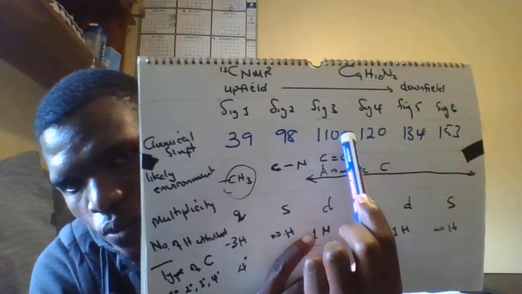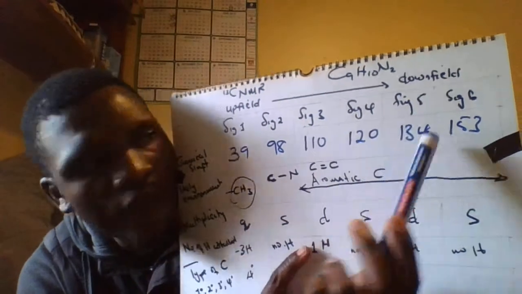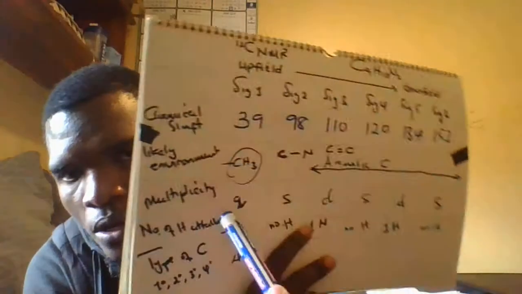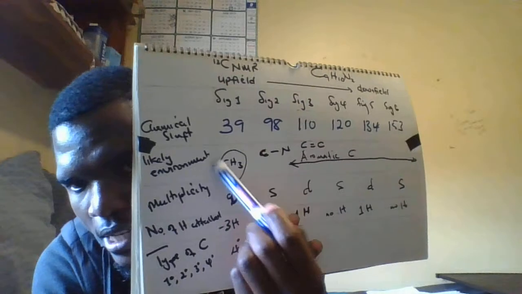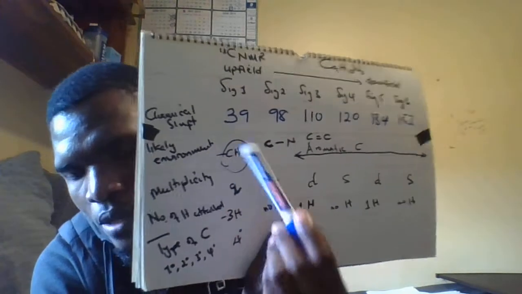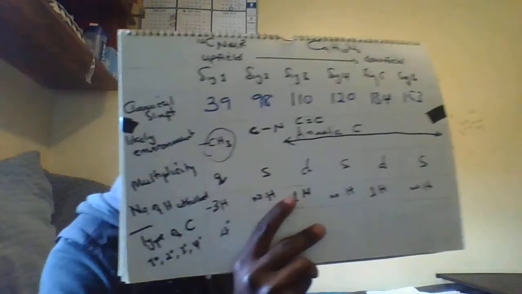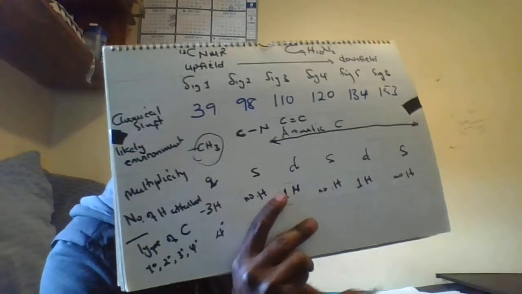Sorry, not 160, it's 120, then 134 and 153. So this one at 39 falls under these primary carbons, the alkane CH3. So the chemical shift of this carbon is the one which is showing a quartet.